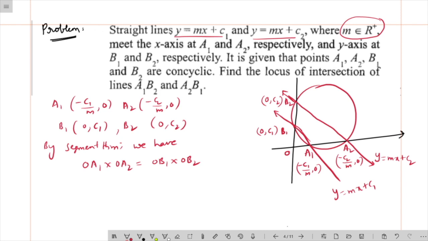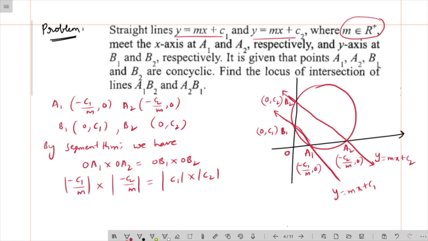What is OA1? OA1 is the modulus of -c1/m, times OA2, which is the modulus of -c2/m, equals OB1, which is c1, times OB2, which is c2.